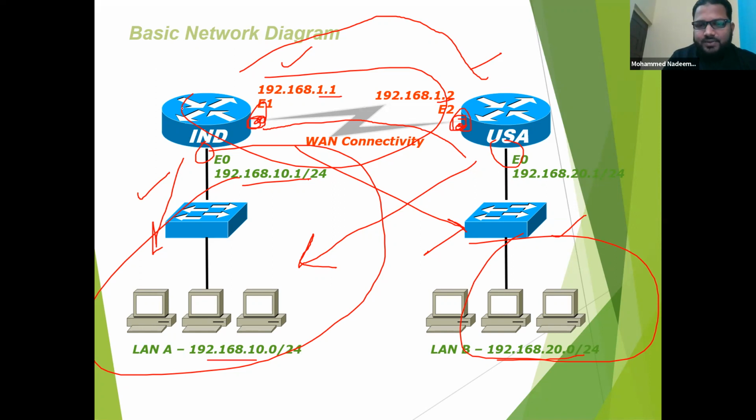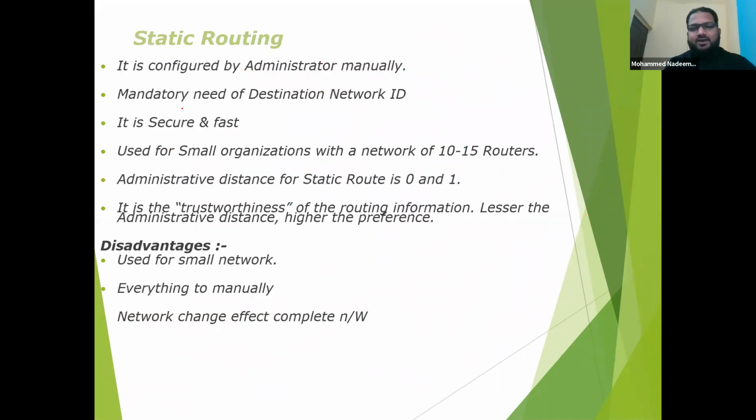You will see in the lab how the static routing is done. See, everything is manual work. Suppose today there is one network and another network, and let's say you have another router here, so three networks are there.